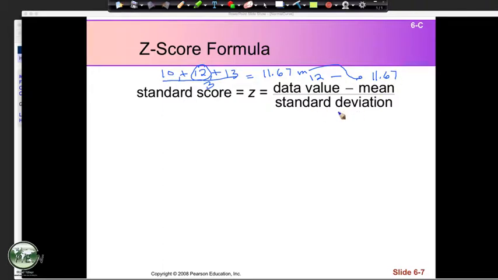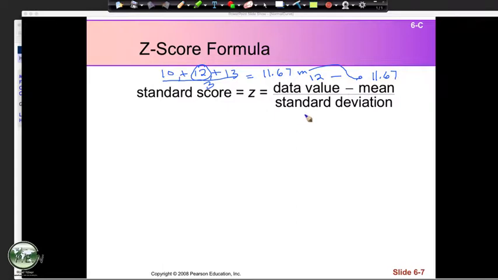Now, how do I calculate the standard deviation? That was that big messy thing, right? Take each of the data values, subtract the mean from them, square that, add them together, divide by one less than the count, and then take a square root. Or I just plug it in the calculator and it gives it to me.